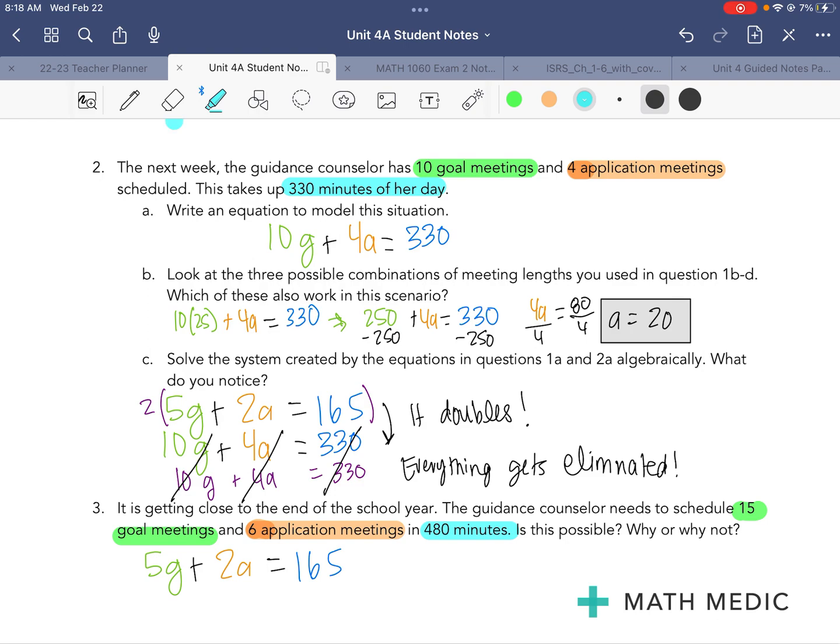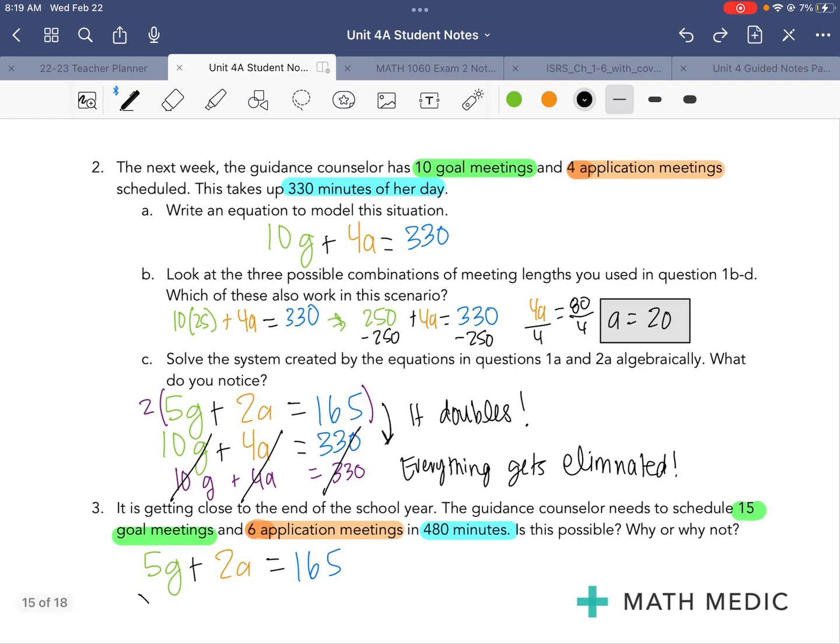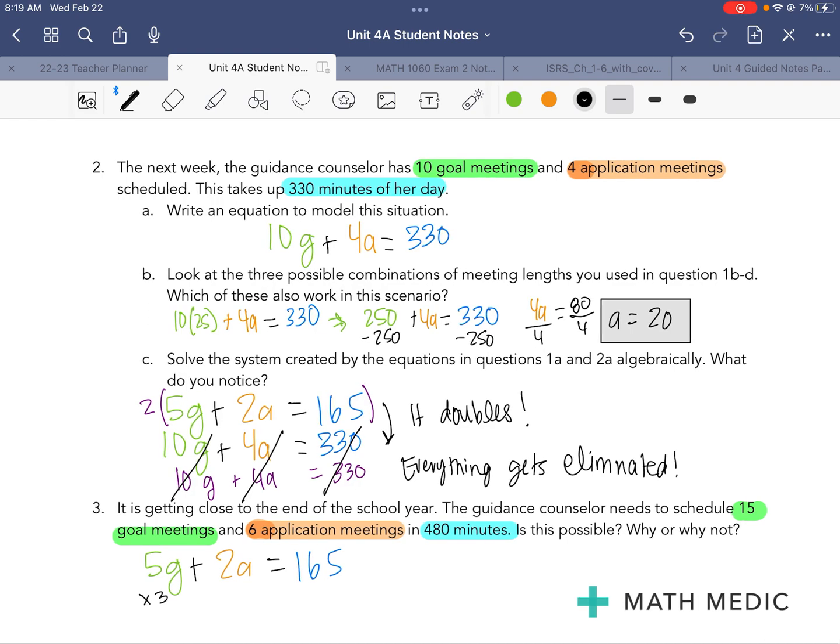So I hope you guys notice that to go from this 15 to this 5, or vice versa really, to go from the 5 to the 15, we would need to times by 3. And to go from the 2 to the 6, we would also need to times by 3. So that should mean that to get the minutes, we would times by 3.